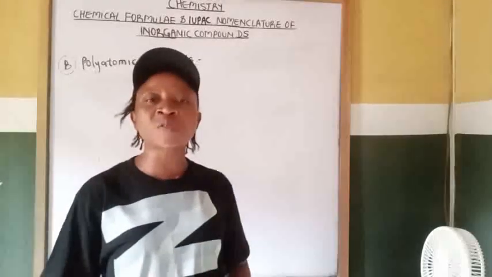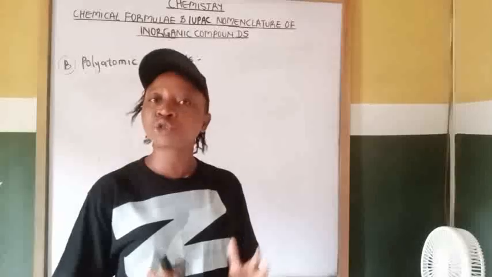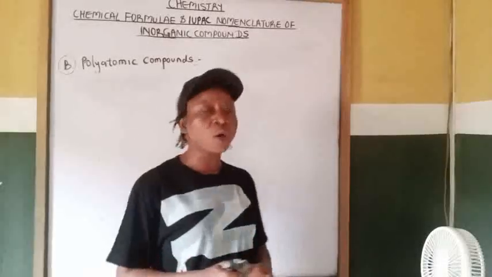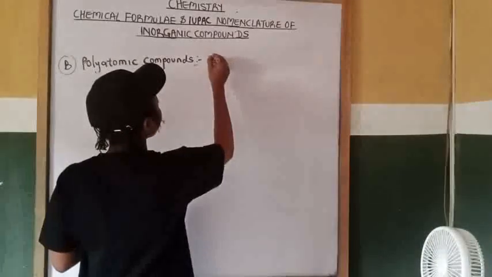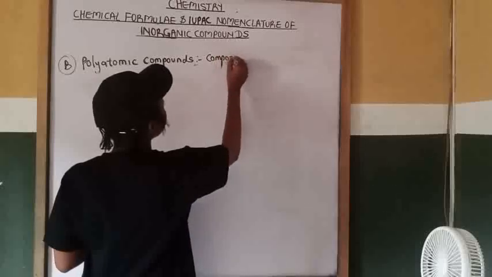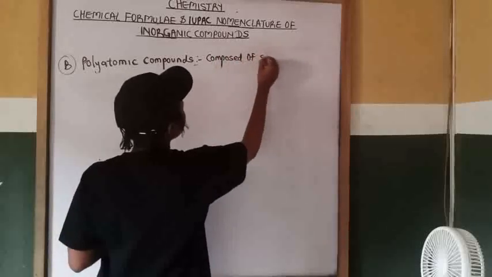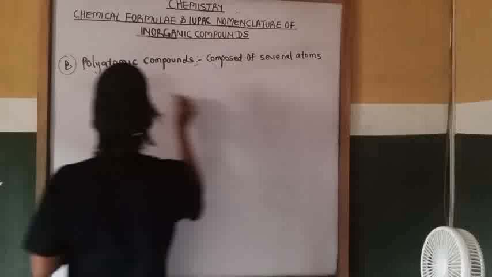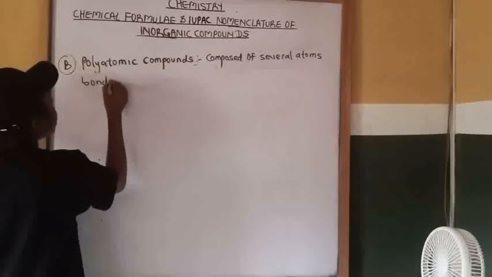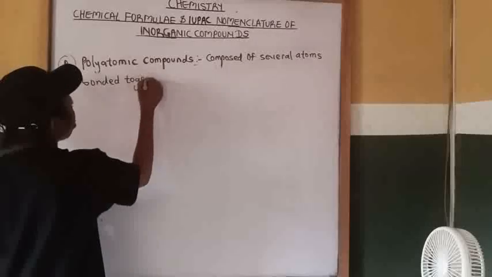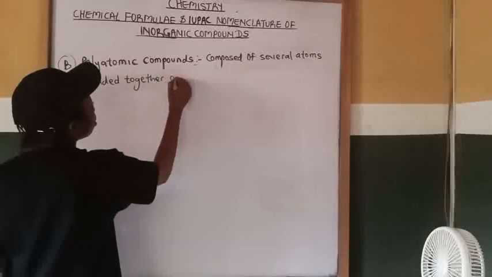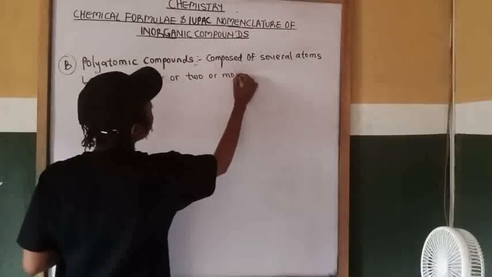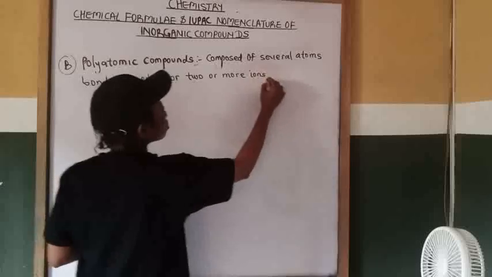Polyatomic compounds are composed of several atoms bonded together, or two or more ions.